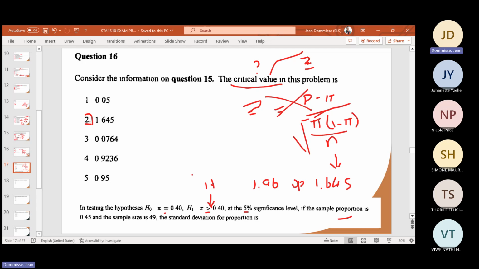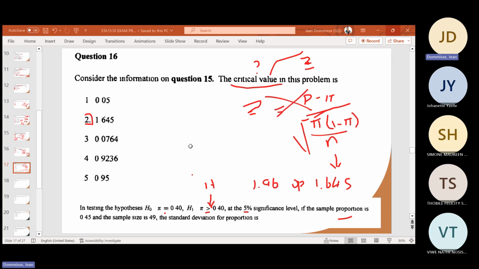Okay, so let me quickly use my calculator. So we've got the top part: the sample proportion is 0.45. We can say 0.45 minus 0.4, which is going to be 0.05.